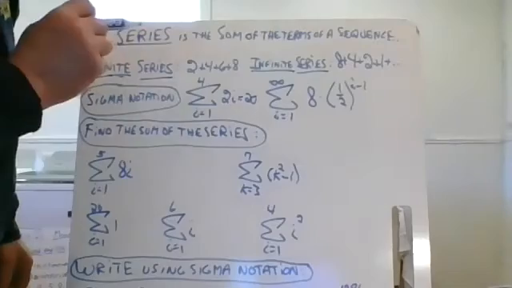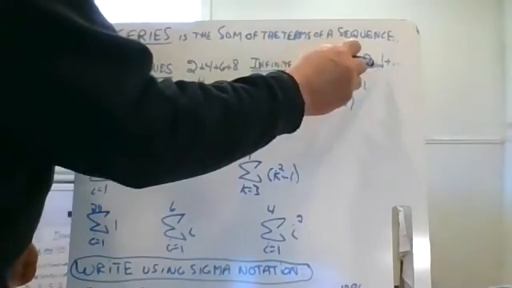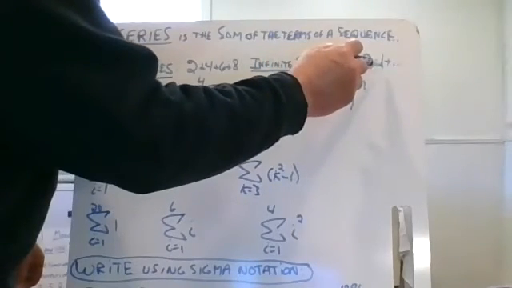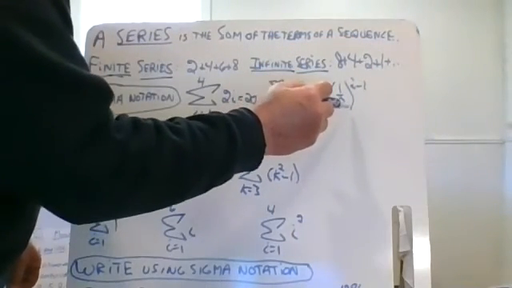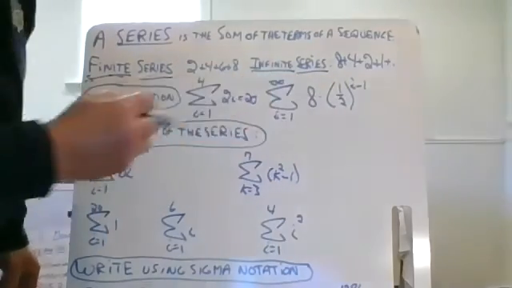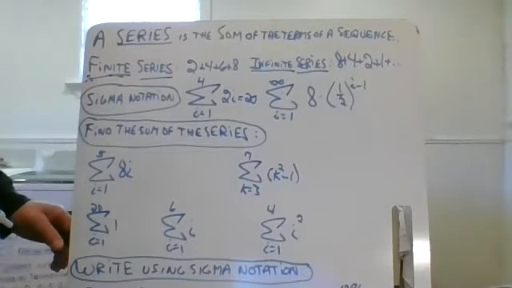You're going to learn about those later. But if I gave you this, you would have to figure out the formula for 8, 4, 2, 1. And there's a special formula that you're going to be taught to know that it's that. Right now, I just wanted to show you that.